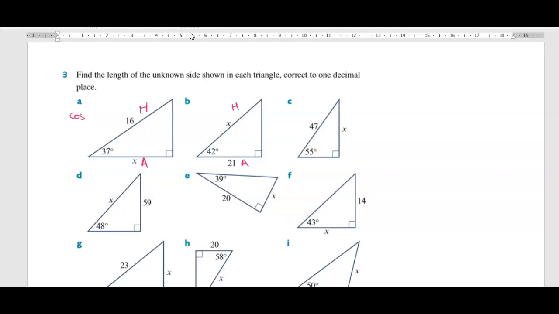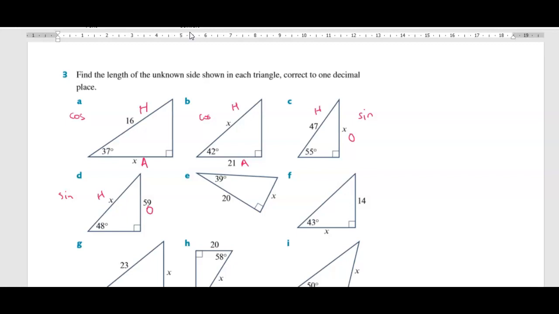Okay, so question A, it's on the numerator. Question B, we're still using cos, but your unknown now is on the denominator. So it's going to be like question 2. C, we've got hypotenuse and opposite, so we're going to be using sine. Now your unknown is going to be on the numerator. So that's like question 1. For D, here's your hypotenuse, opposite. So we're using sine. Now your unknown is on the denominator. So you're similar to question 2.